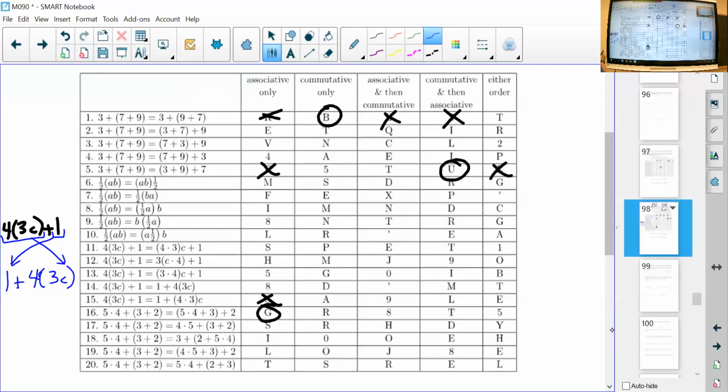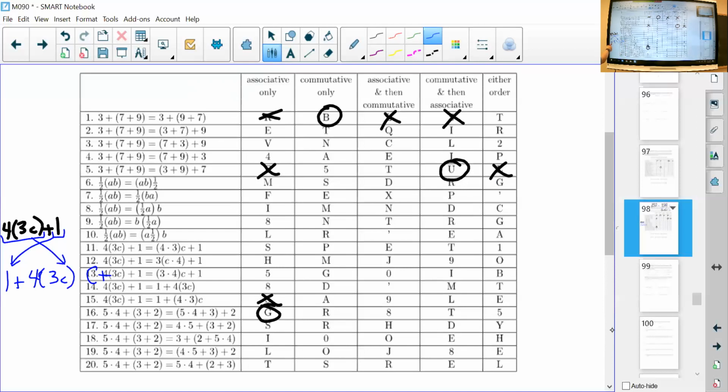And that was the commutative, because they're commuting around, they're moving around. Commutative of addition, they're swapping around this plus sign. Yes, there's multiplication in here, but the plus sign is what they're moving around. So commutative of addition. And then I'm not quite done.